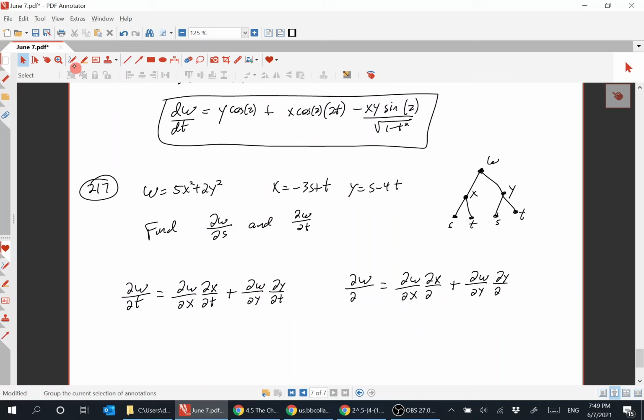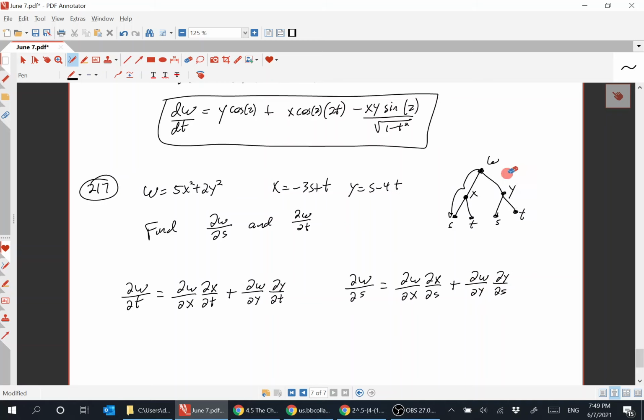Just replacing the t with s. That's the only difference, right? Here's t, t, t. That becomes s, s, s. So you take all the paths from w to x, there's 2, and you get one to s. Alright, so w to x to s and w to y to s gives you these terms. Right? wx, xs, wy, ys.